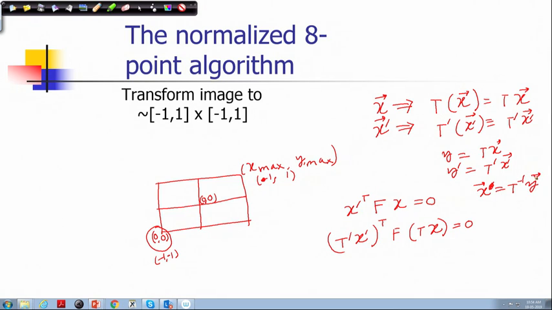This is a requirement that the transformation should be invertible, and x prime is T prime inverse y prime.